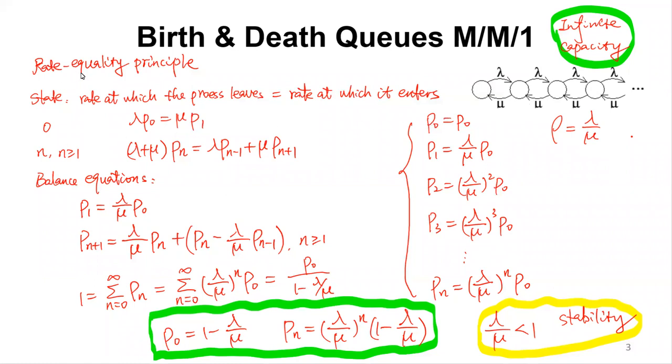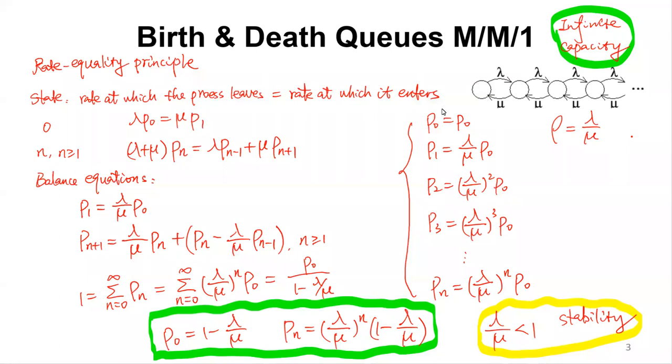Based on the rate equality principle, for a particular state, the rate at which the process leaves equals the rate at which it enters. For the first state, we have lambda p0 equals mu p1.